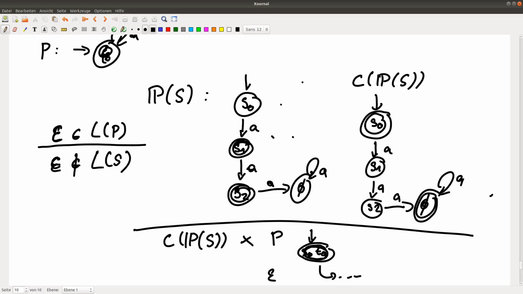And with this we can figure out that the program and the specification do not fit.